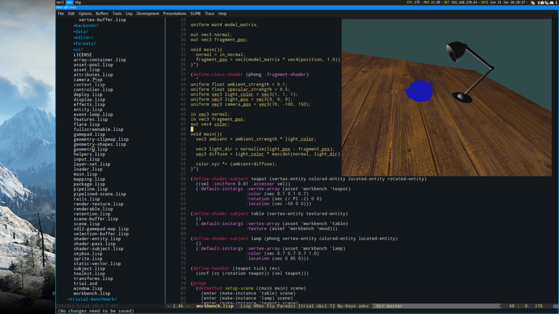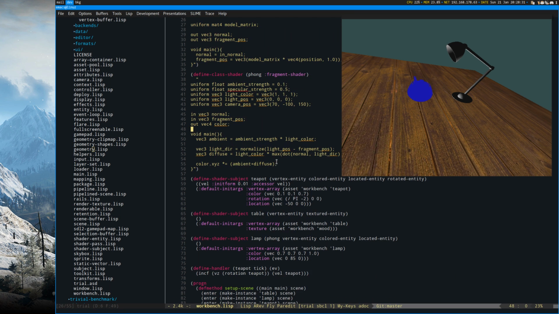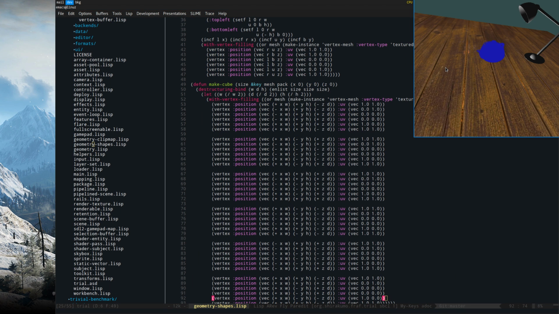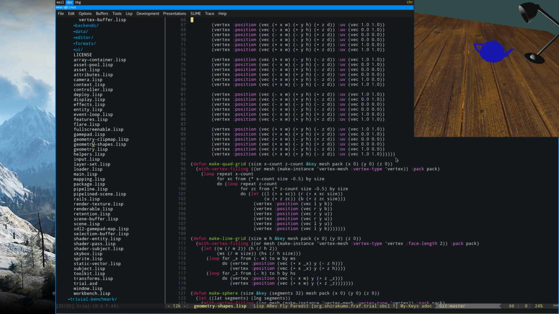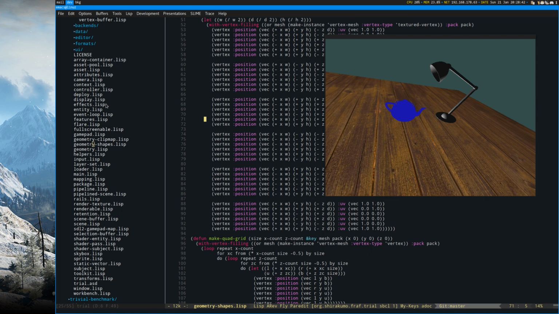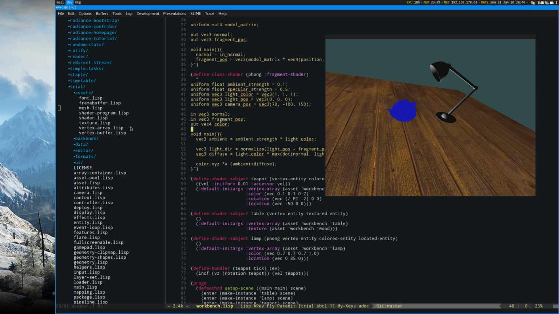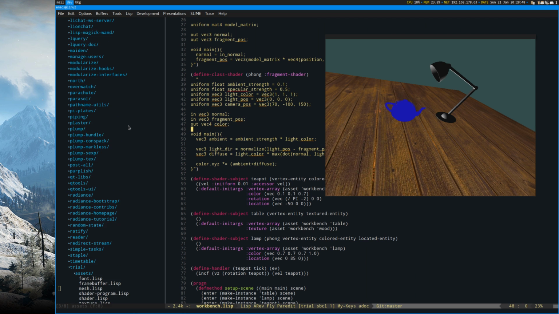Can I calculate normals for the box? I'm just wondering. No, that's not the right file. I only calculate UVs. Okay, we can add that easily though, then we'll at least have normals for the floor as well. Do we have that for the teapot? I'm not even sure.